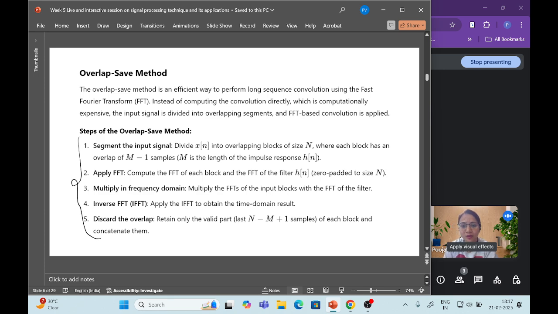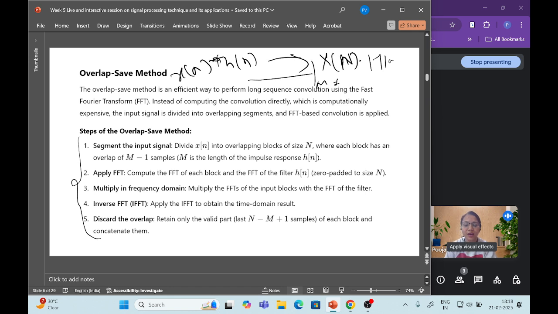First, segment the input: divide x(n) into overlapping blocks of size N, with M minus 1 zeros padded. Then the FFT is computed for each block and for the filter h(n). Multiply in the frequency domain, because convolution in the time domain is simply multiplication in the frequency domain.